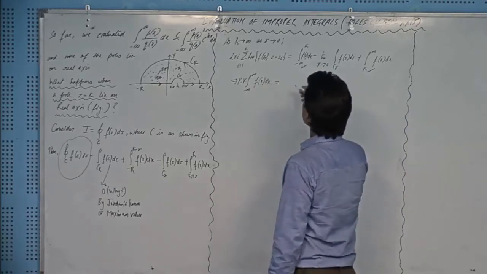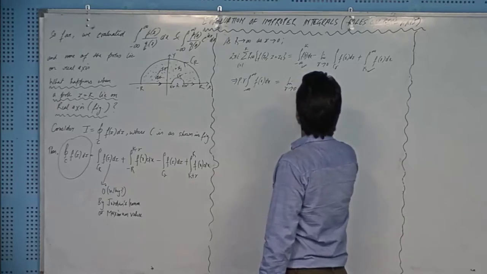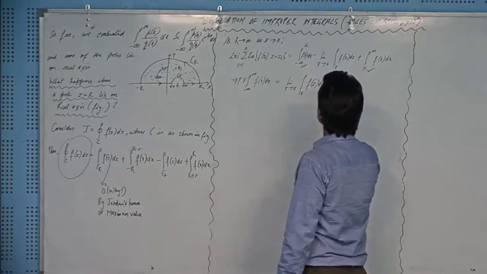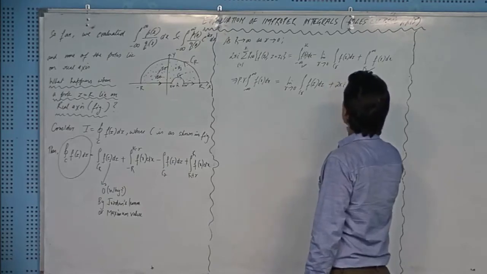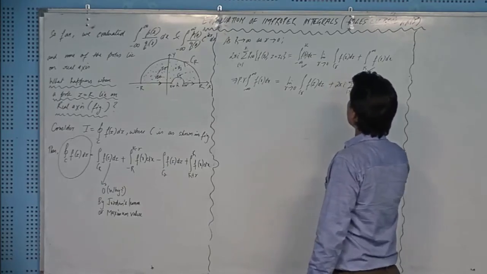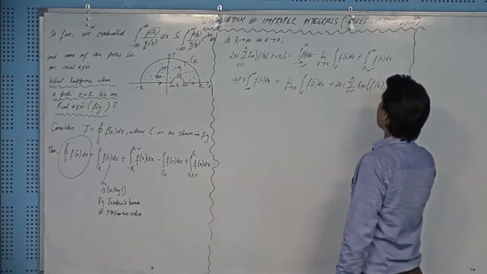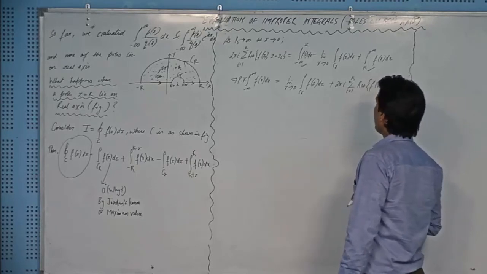Equal to limit r tends to 0 of the integral over Cr of f(z) dz, plus 2 pi i times the summation i equal to 1 to k of the residue of f(z) at z equal to z_i.